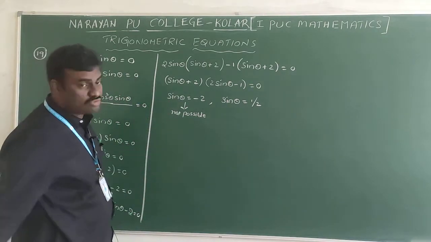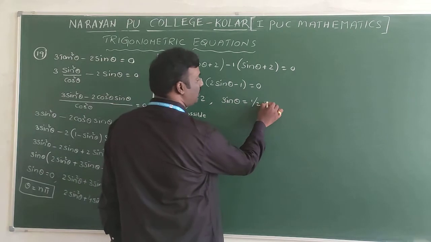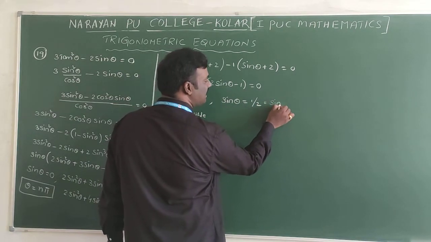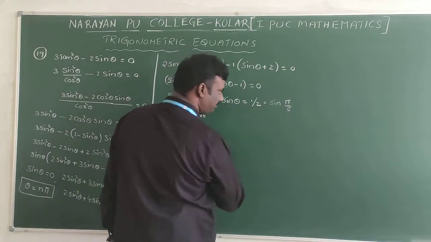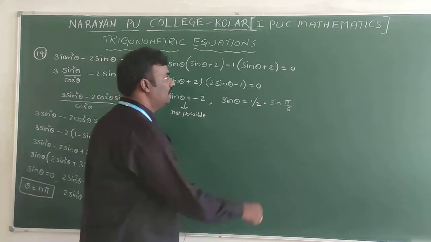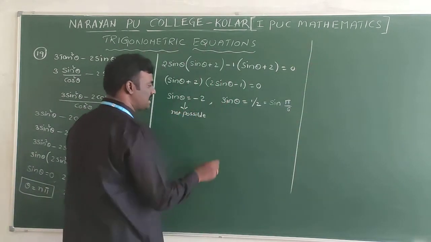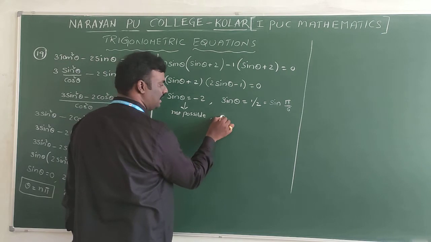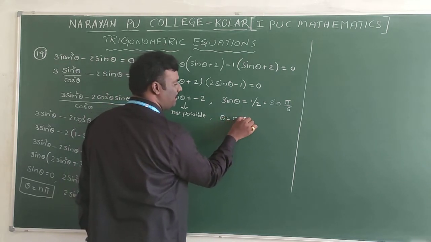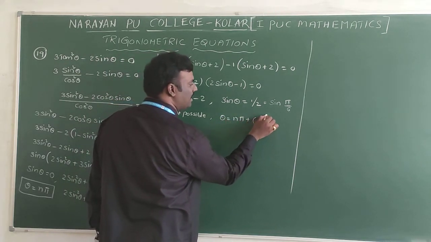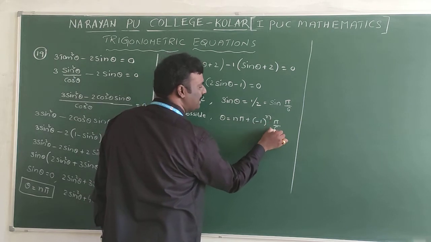Coming to this, 1 by 2 is there. This 1 by 2 I can write as sin 30, that is sin pi by 6. What is the general solution for sin x is equal to sin y? Theta is equal to n pi plus minus 1 power n into pi by 6.